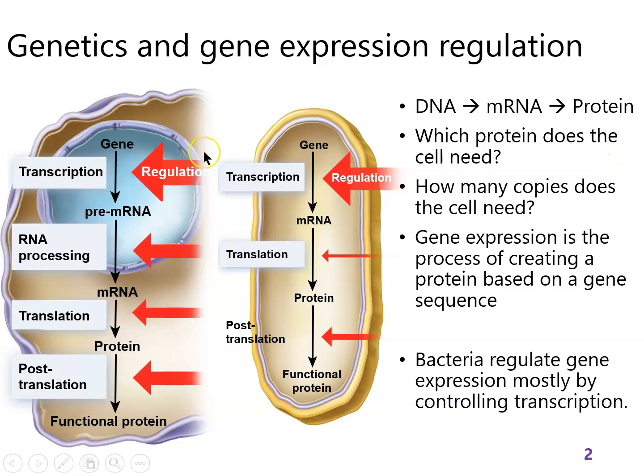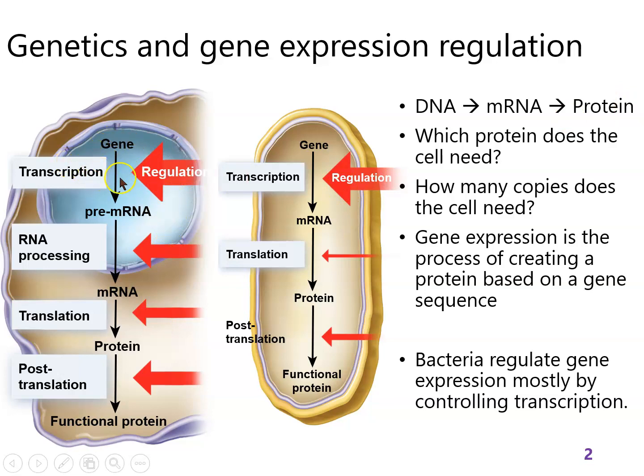And so what they've done in this diagram is drawn these arrows, and the thickness of the arrow is supposed to correspond to how much regulation happens on that step. So looking here, what we see is that the thickest arrow is transcription.